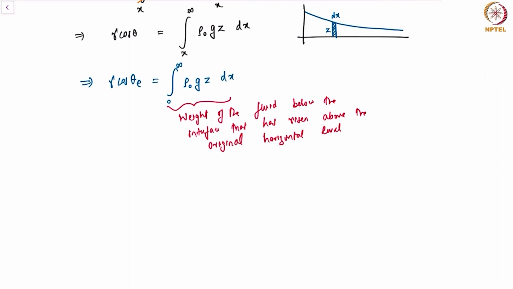So the weight of the fluid has basically risen. And why has it risen? Because this is the vertical component of the surface tension force.